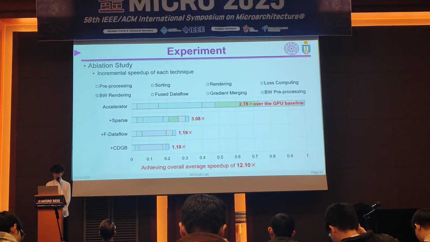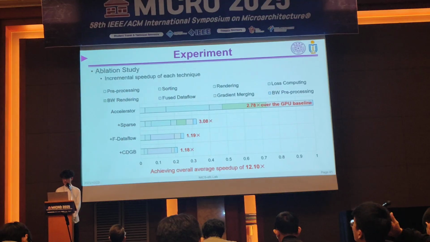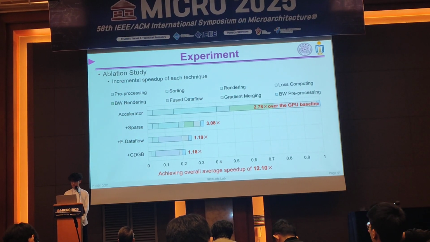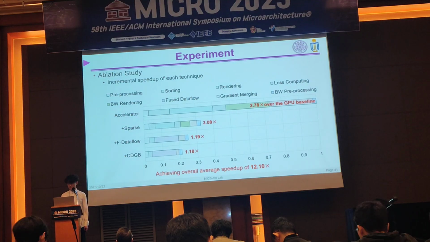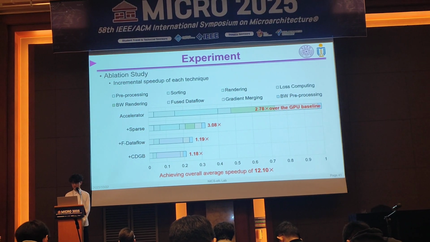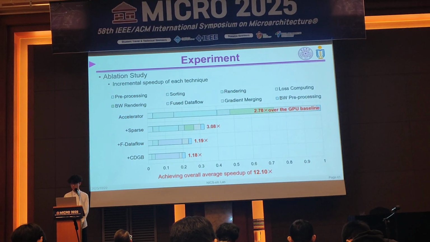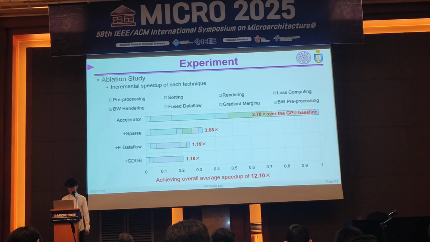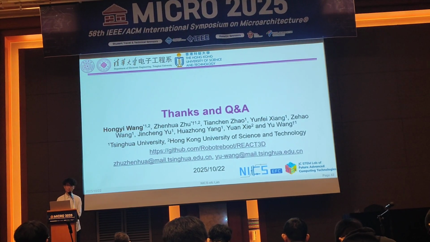Next, adding our fused dataflow provides an additional 1.19 times speedup, and finally the CDG design provides another 1.18 times speedup. Together, this co-design optimization results in our final overall average speedup of 12.10 times, which meets the real-time requirement of SLAM applications. So that's all of this presentation, and thanks. Questions are welcome.